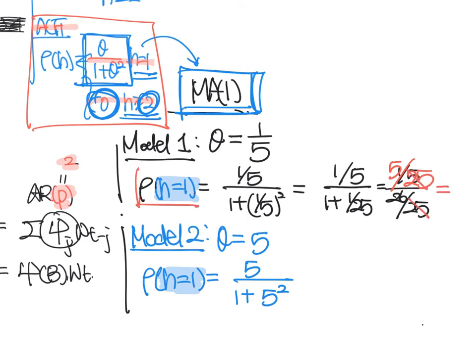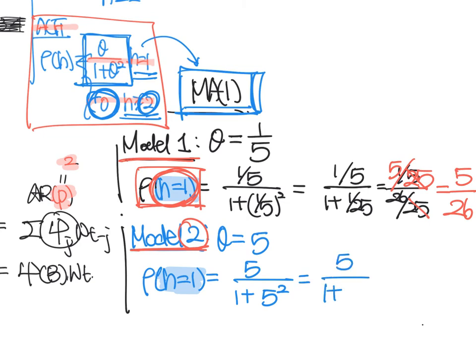So the ACF when h equals 1 for model number 1 will be 5 over 26. Let me try again for model number 2. Here's a 5 over 1 plus 25, which is 5 over 26.